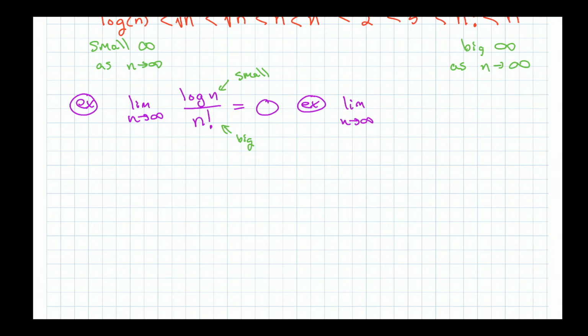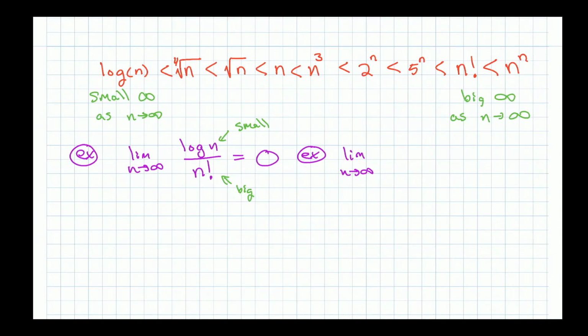So let's do another one. Let's try n factorial over 300 to the n. The denominator looks really big, but the denominator is an exponential and the top is a factorial, and exponentials are here and factorials are here.